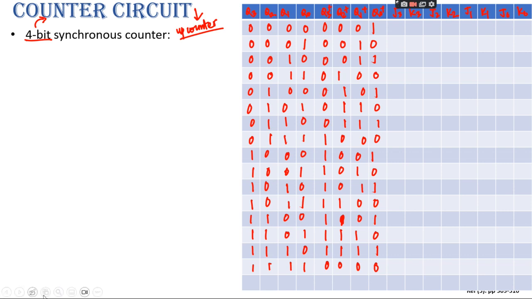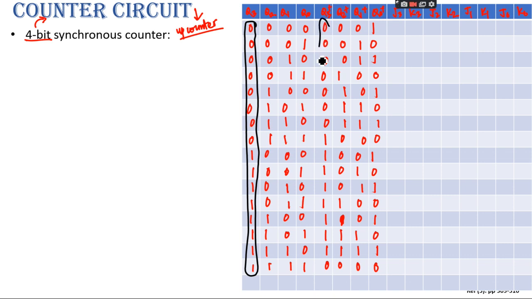So now if we consider Q3 and compare that with Q3 plus, all the values given here, let's see how we should put J3 and K3. So 0 0 means no change.